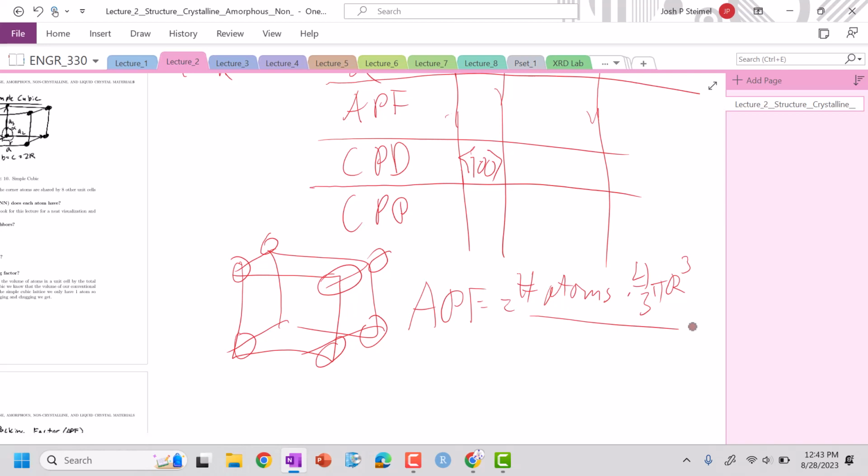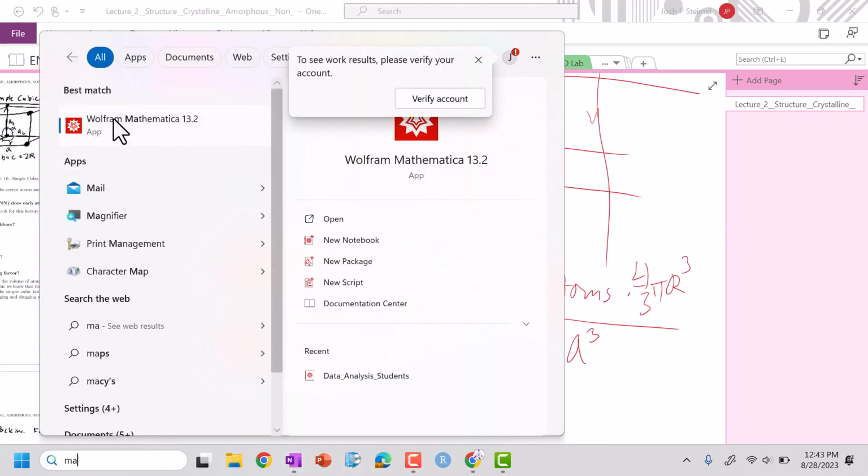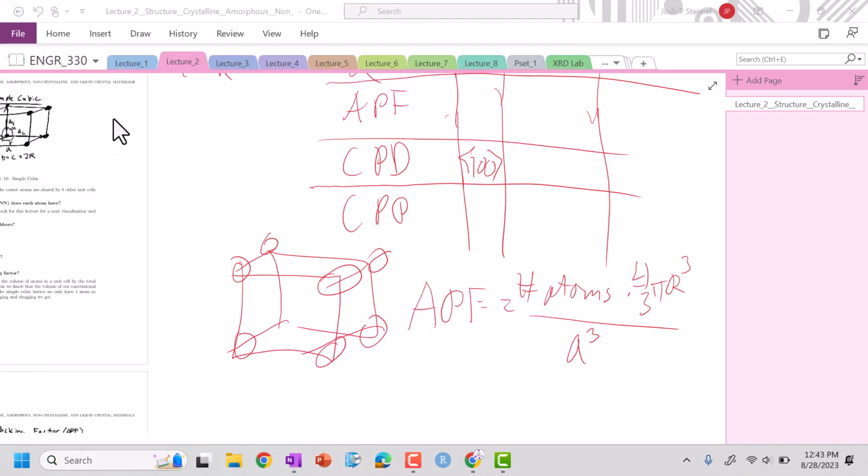So it's essentially a ratio of the volume that is occupied by atoms over the total volume of our cubic cell, which is going to be A cubed. So let's bring up Mathematica. Let's calculate that for a simple cubic.